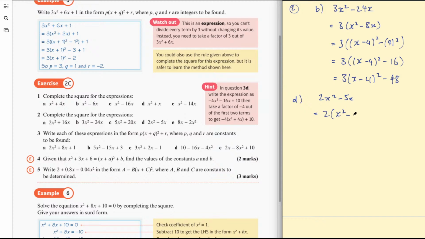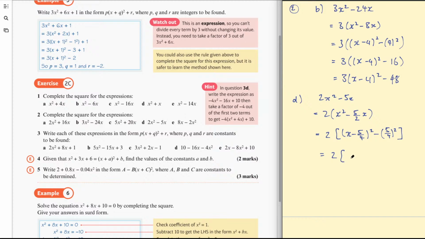We get x squared take 5 on 2 x. And then use completing the square on this. So this is 2 times x take 5 on 4 all squared. Half of 5 on 2 is 5 on 4. Subtract 5 on 4 all squared.